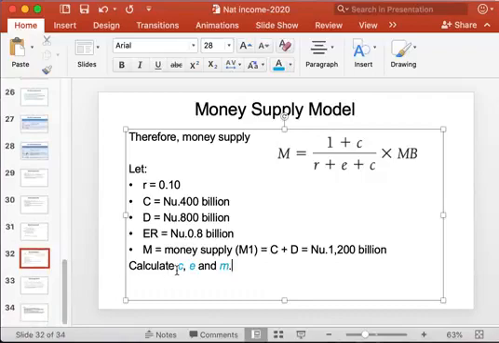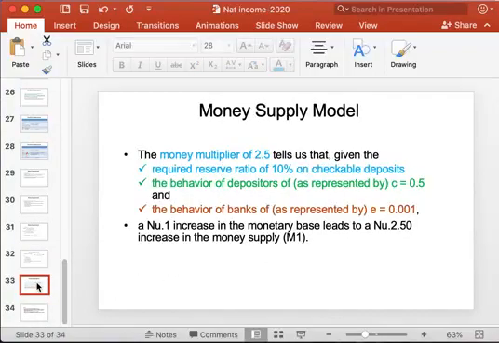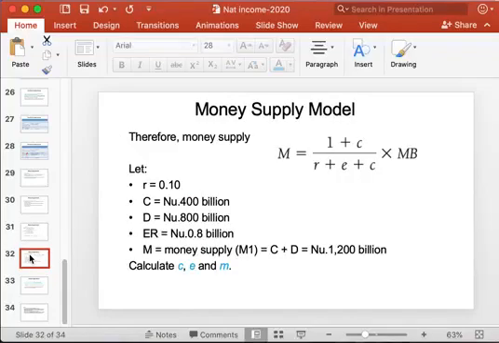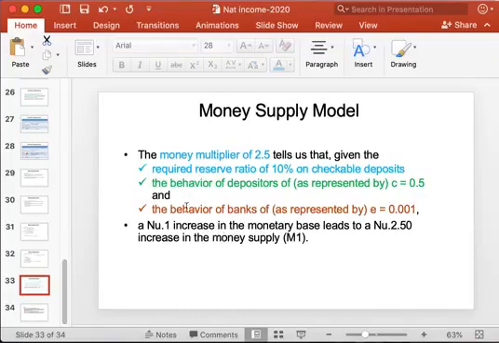So from this we can calculate C, E and M. If you calculate, then we get C equal to 0.5 and E equal to 0.001, and putting the values of C, E and R in this formula, you get a money multiplier of 2.5.